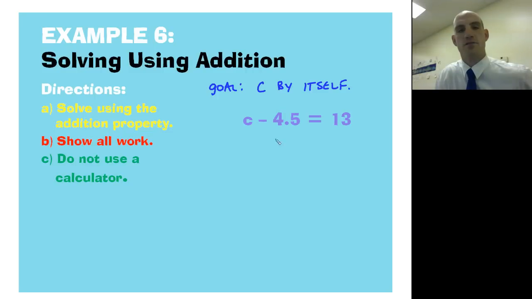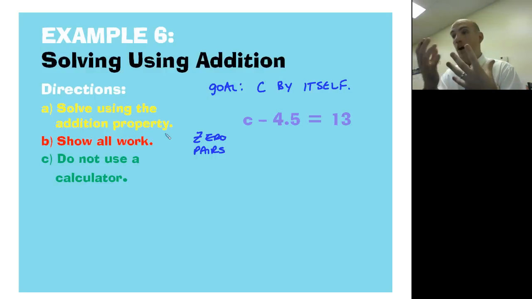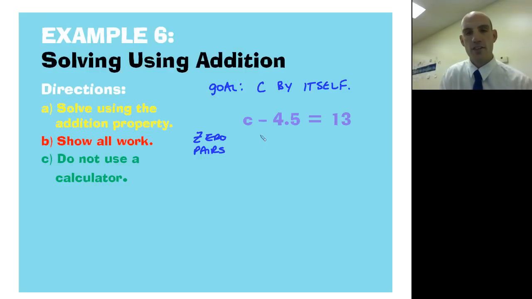It's this negative 4.5. You'll notice, when we're doing zero pairs, we are oftentimes doing the opposite of what's being done. We are doing the opposite because I want to make 0. And so in this case, I need to add 4.5 to make my 0.